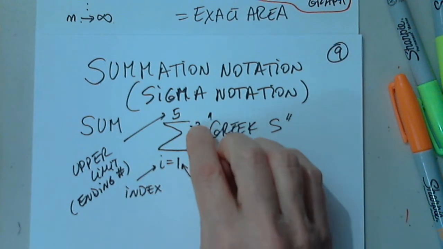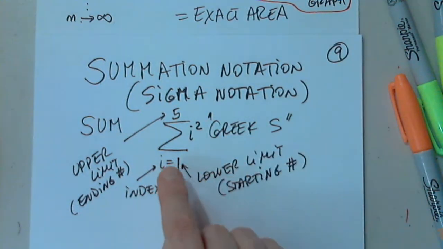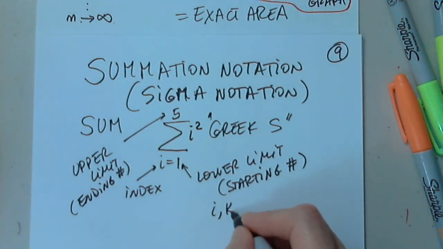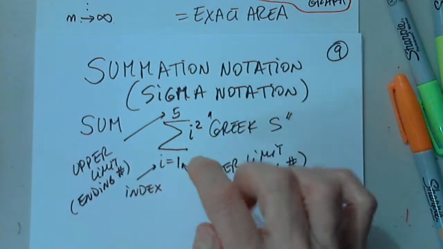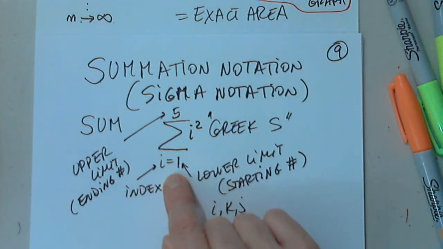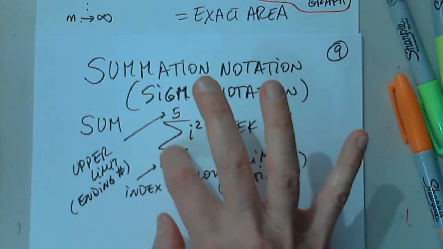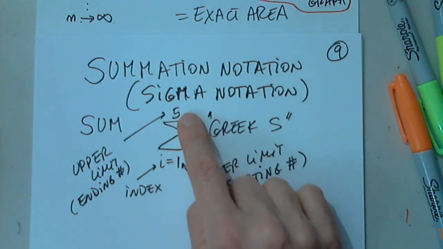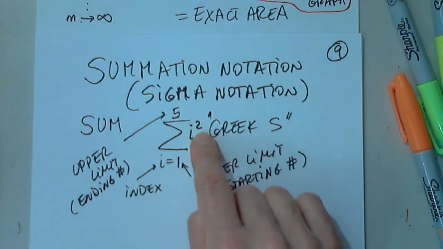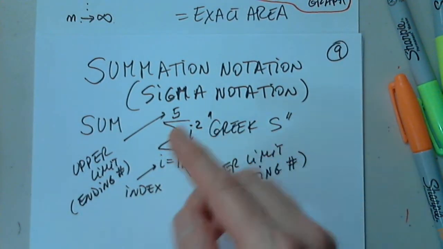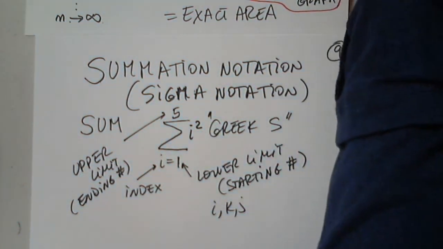So this is the generic term. This is the index. Normally the indices are i, j, k. So the index starts at 1. The sum says plus. We end with 5. And I just chose i squared. We can choose other things, and we will choose other things in a minute.